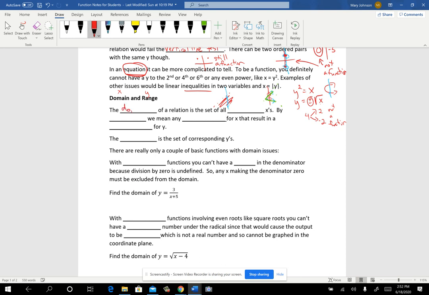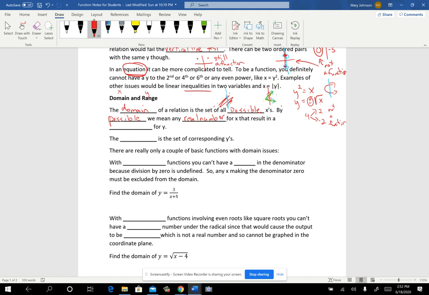The domain of a relation is the set of all possible x's. And if you have a graph, you're seeing the picture of all the possible x's. They're there in front of you. With an equation, you don't automatically have those in front of you. You have to think about it. And by possible, here's what we mean: any real number.